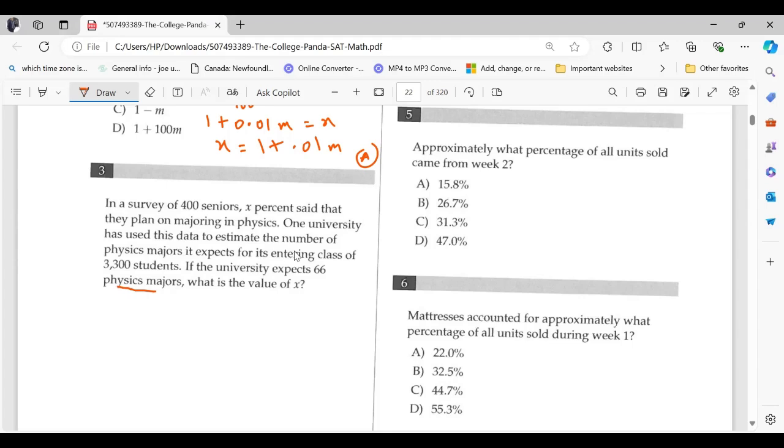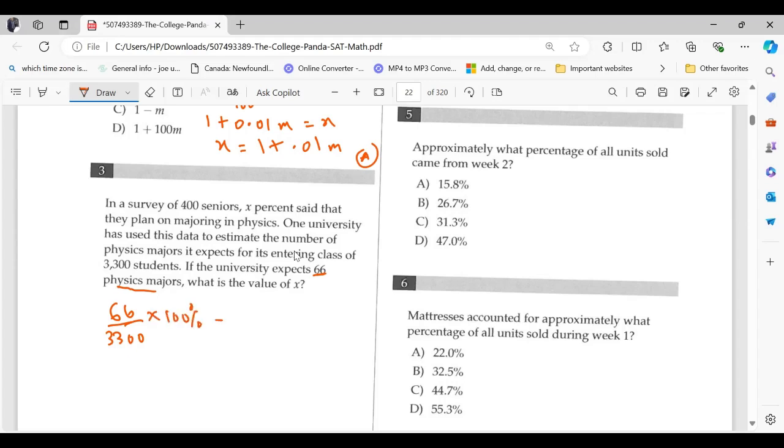Now, from these 3,300, they're expecting to have 66 physics majors. So what is 66 as a percentage of 3,300? We look at it.